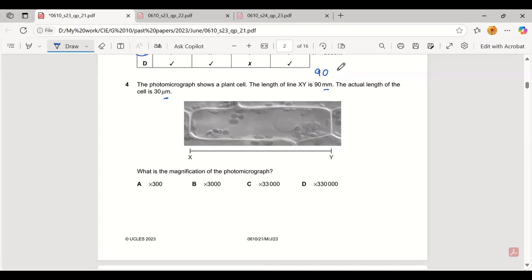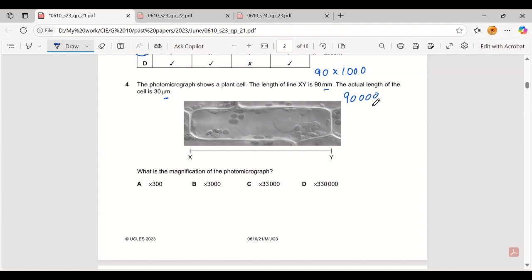Divided by? 1,000. You divide when you convert millimeter to micrometer. Which one is the bigger and which one is the smaller? Oh, sorry. Times 1,000. Take care because many students make this mistake and you get it wrong.